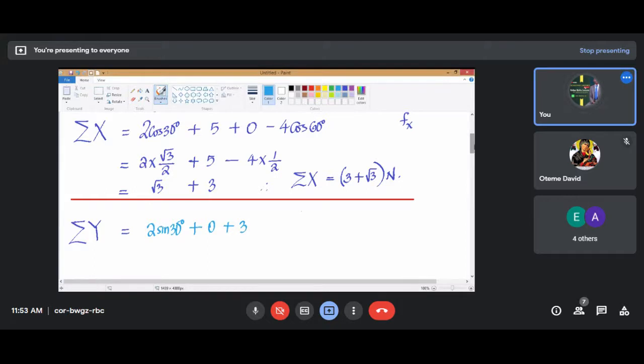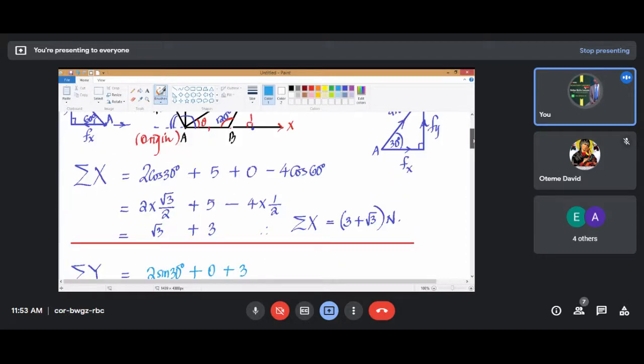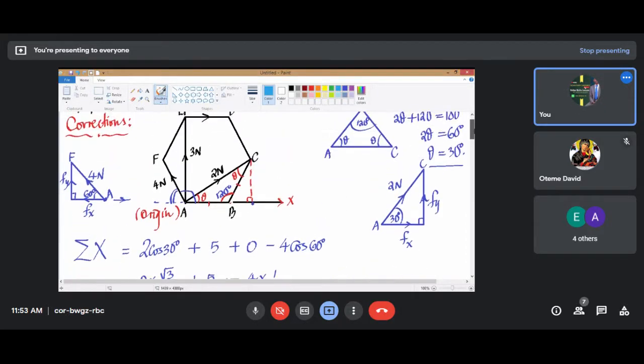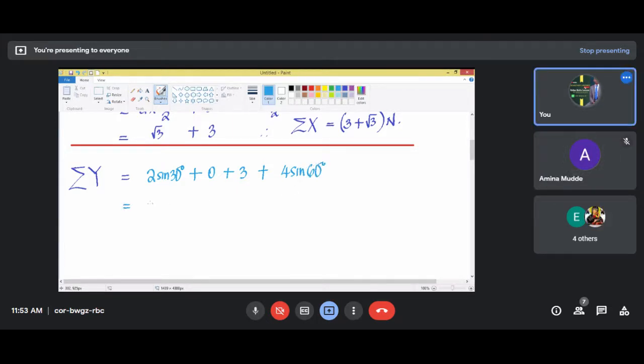Next force, the 4 newton force, what is its vertical component? It's 4 sine 60. Elizabeth, do you agree? It's a plus 4 sine 60. Good. That is 2 times a half plus 3 plus 4 times root 3 out of 2.